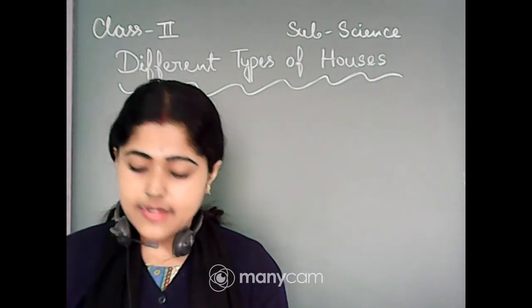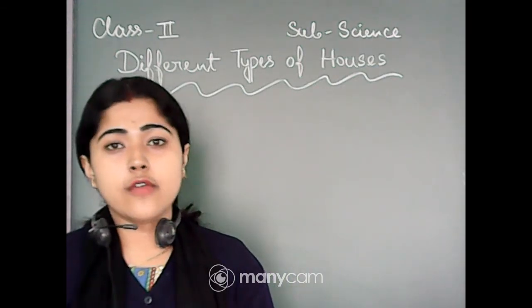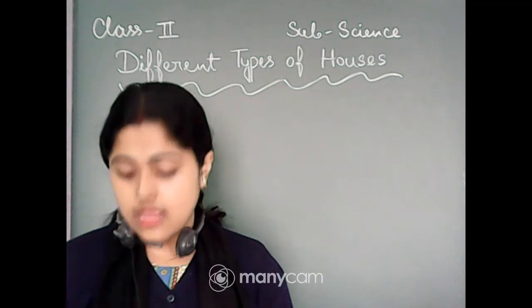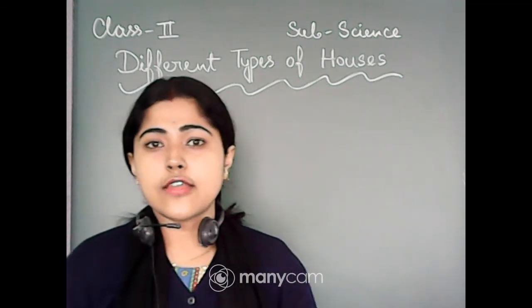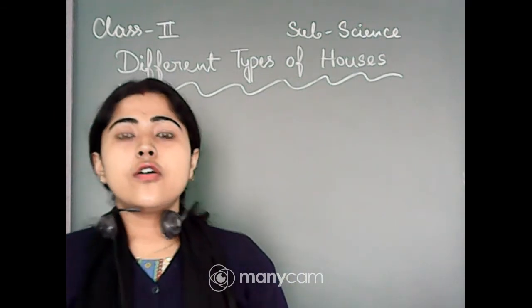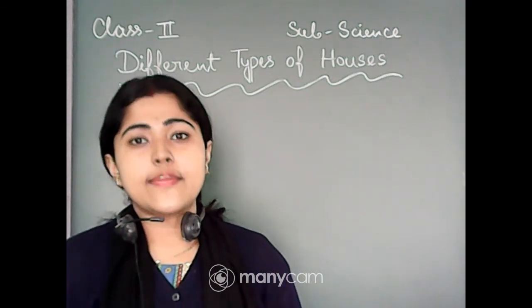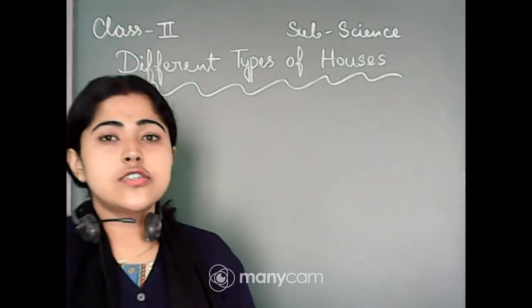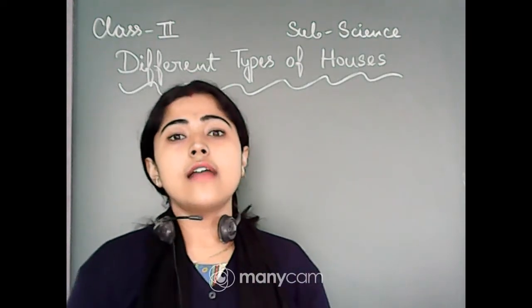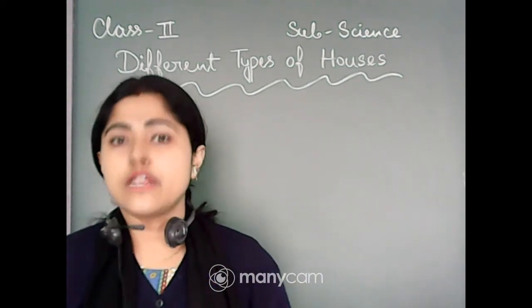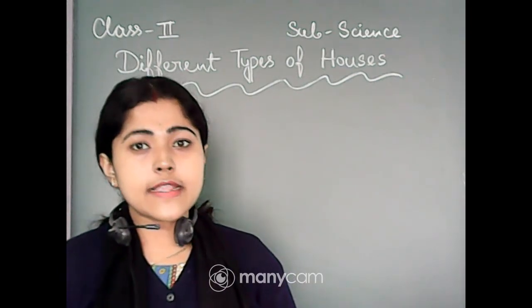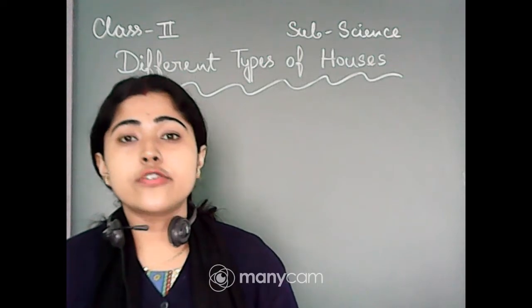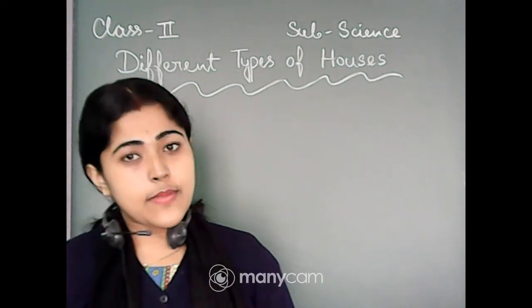Your chapter, different types of houses, its text part and some part of the exercise, we discussed in your previous class. Hope you all read the chapter very attentively. So today we will start the rest of the part from question C. So everyone take your copybook with you and write those answers in your copybook.